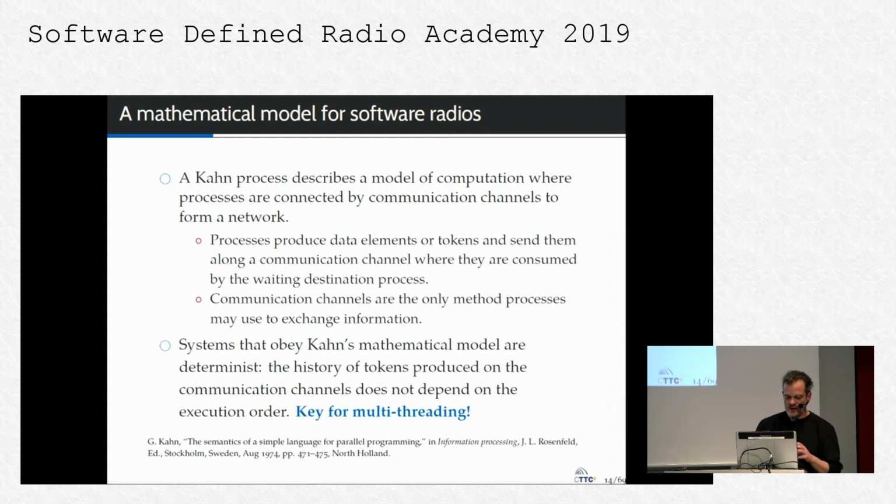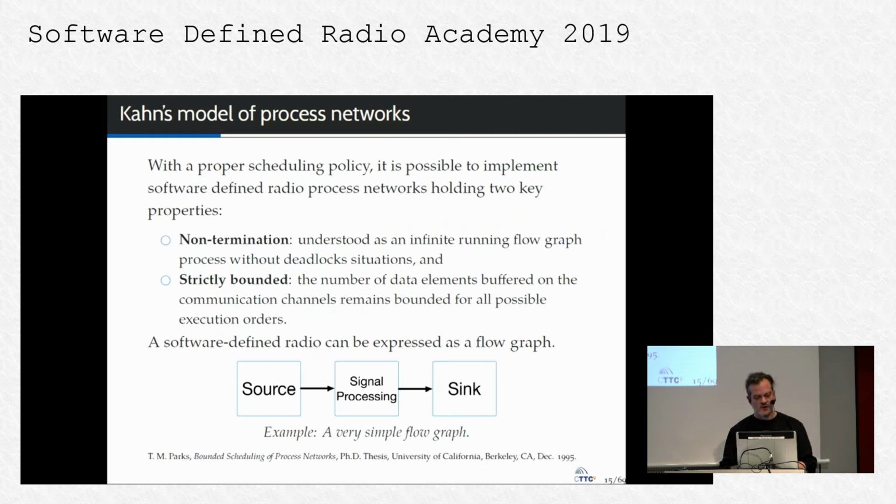So these Kahn models of process networks say that you must hold to two properties. One of them is non-termination. It is understood as an infinitely running flow of processes without deadlocks. This is important. You don't want a network of processes that get caught in a loop. And they must be strictly bounded, in the sense that the number of data elements buffered on a communication channel needs to remain bounded for all possible execution overloads.